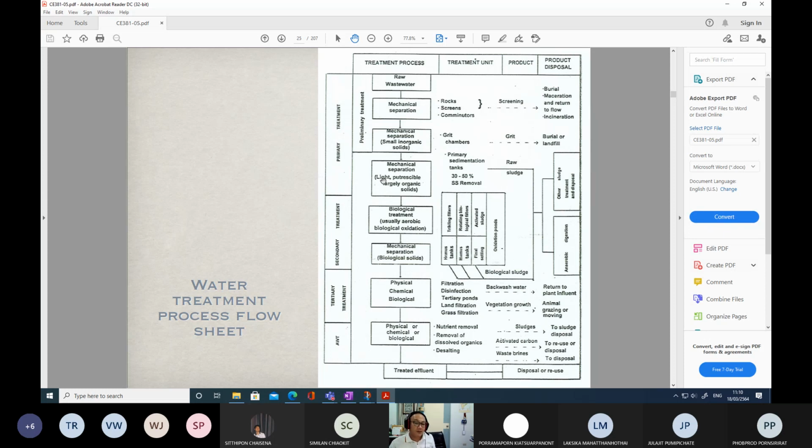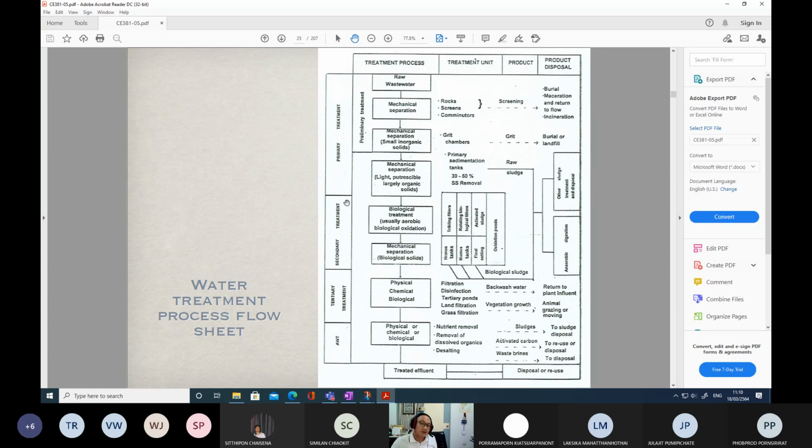But if we add some chemicals, if we apply some biological process or chemical process, this will be considered as the secondary treatment, because we apply chemical and biological processes so that the dissolved solids or the dissolved contaminants will be removed.